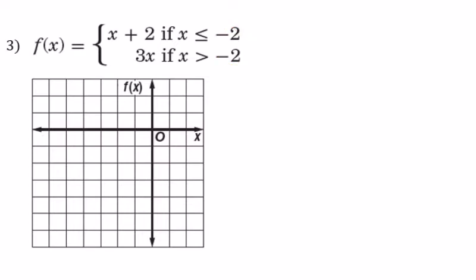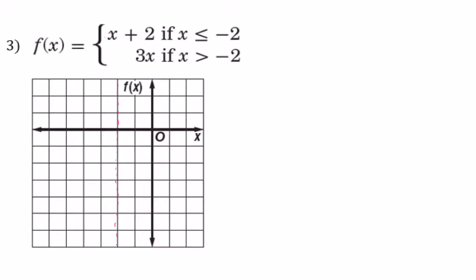So I'm going to just draw a little dotted line here. And I'm going to graph both these lines from that point. So I'll start with x plus 2. So x plus 2, that has a slope of 1 and a y-intercept of 2.